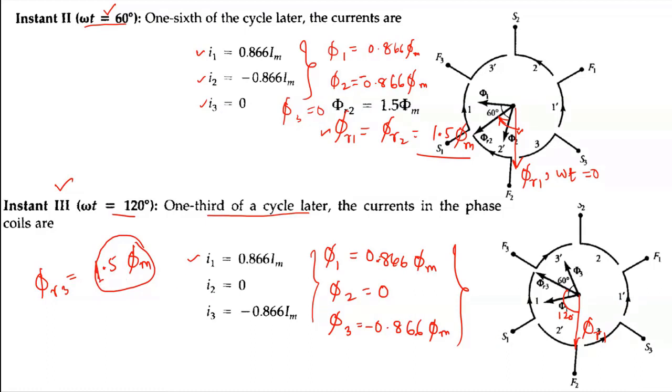So now we can conclude from here that when there is a pulsating magnetic field because of the three-phase current, that in fact produces a revolving magnetic field, right?